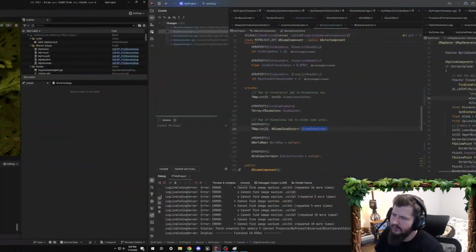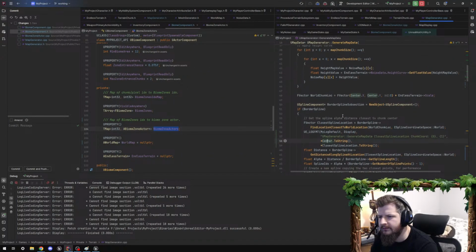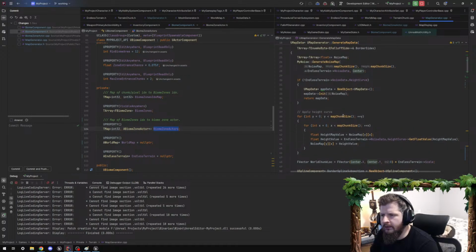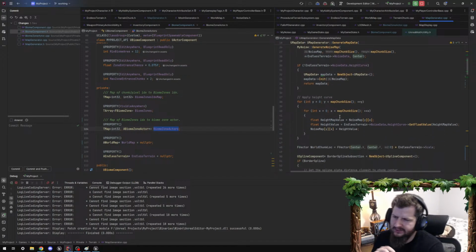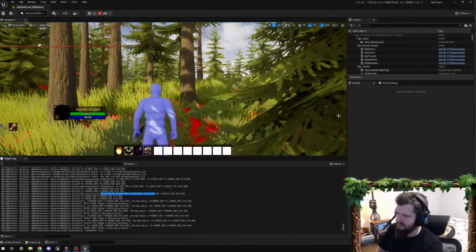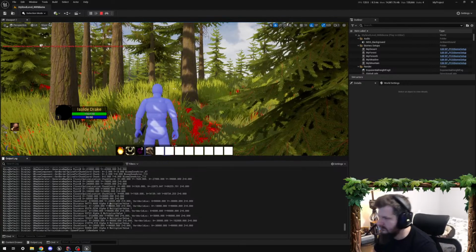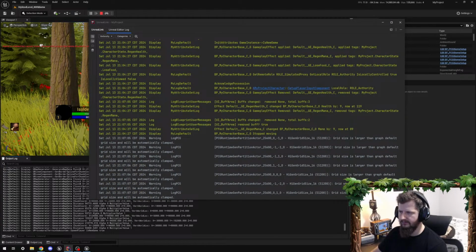Chunk coord. Wait, what is center? That should be the proper chunk coordinate. Let me look in these logs. Might be a bit easier to read.